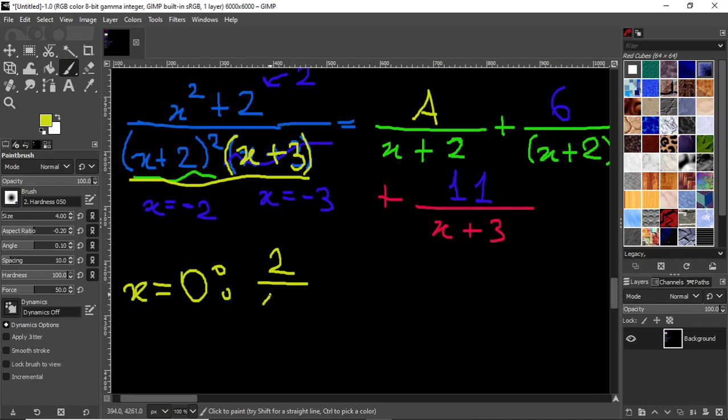That's 12. 2 by 12, or that's 1 by 6 basically. Here I have a by 2. Here I have 6 by 2, which is 3, and here I have 11 by 3, right? Yeah, 11 by 3.